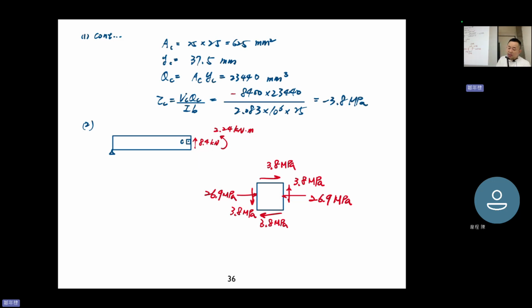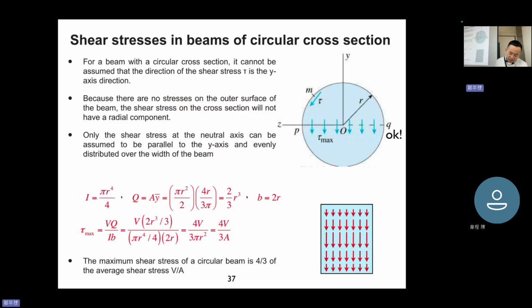Circular cross-section. Well, we can only determine the shear stress at the neutral axis, right? So it will be a little bit different from others. Next, shear stress in beams of circular cross-section. You can see that this is the circular cross-section, and only here is okay, right?